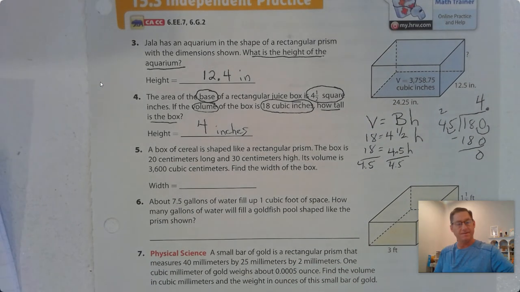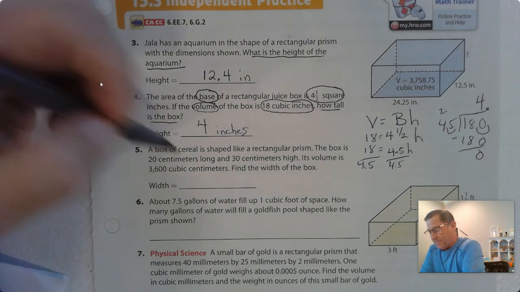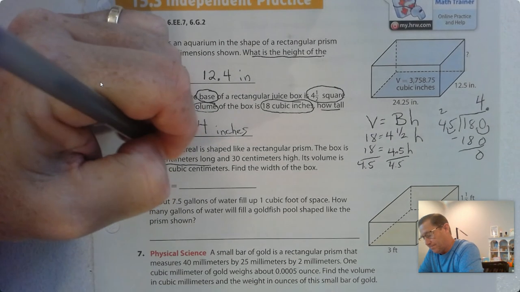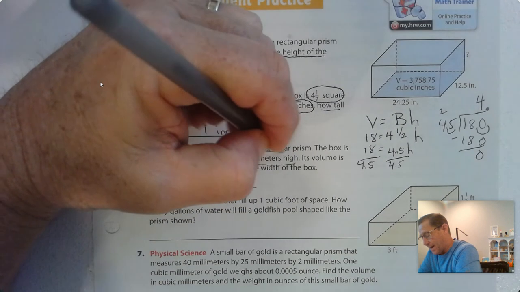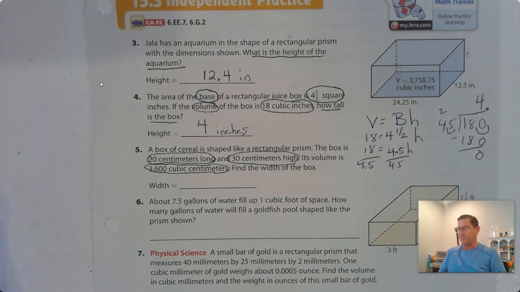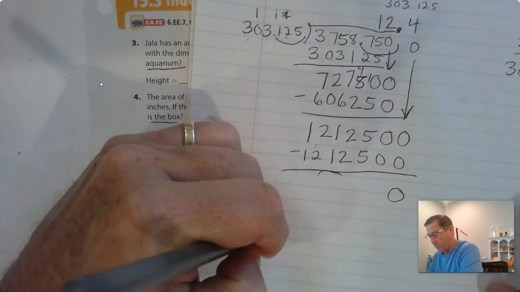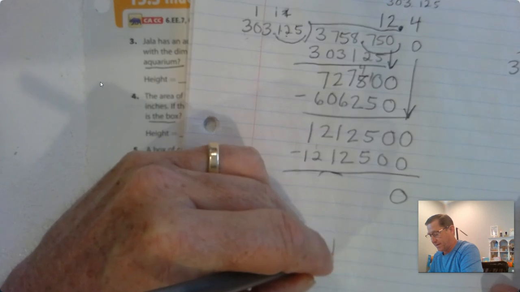All right, number 5. A box of cereal is shaped like a rectangular prism. The box is 20 centimeters long, 30 centimeters high. Its volume is 3,600 cubic centimeters. Find the width. Okay, so volume equals length times width times height.